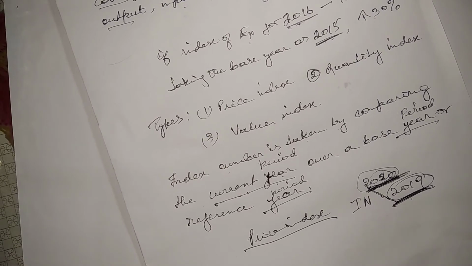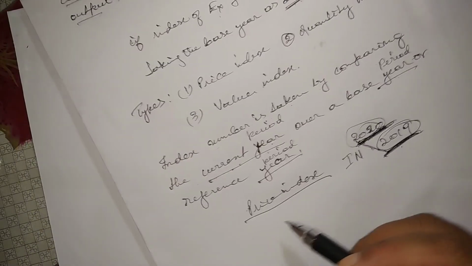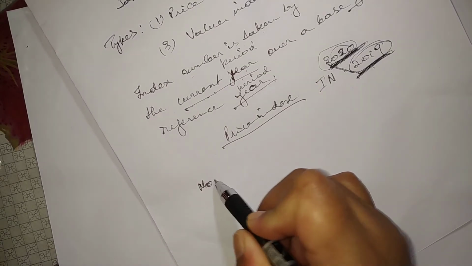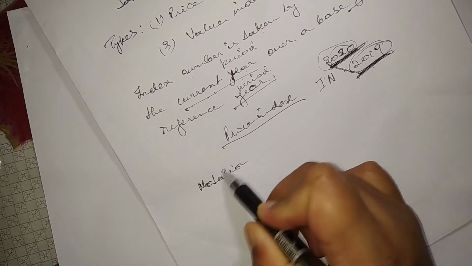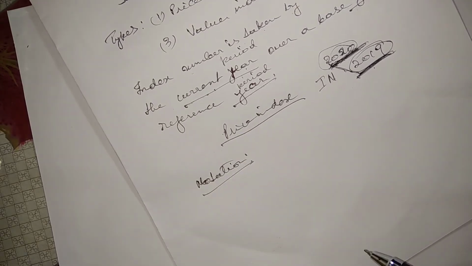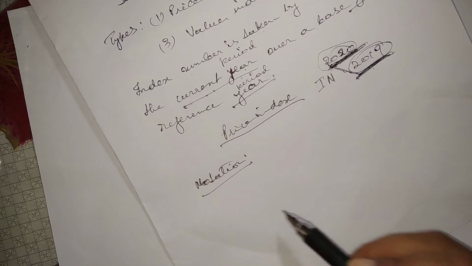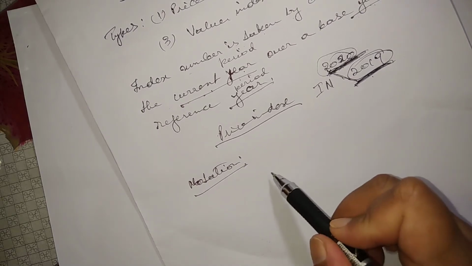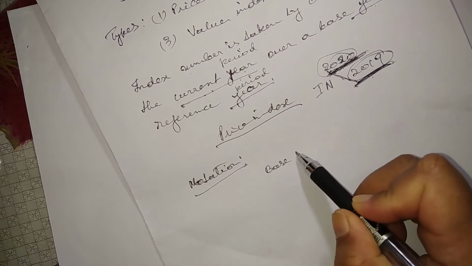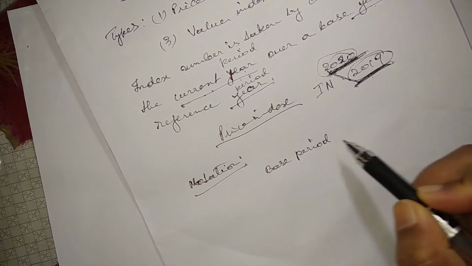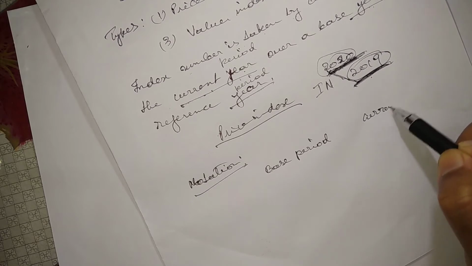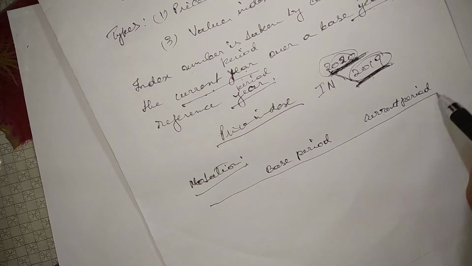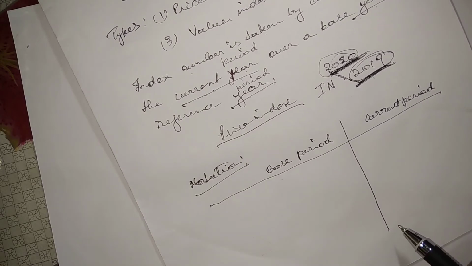Having said that, how do we denote, or what is the notation of index number, how we denote each term. This is the base period and this is the current period. Got it?